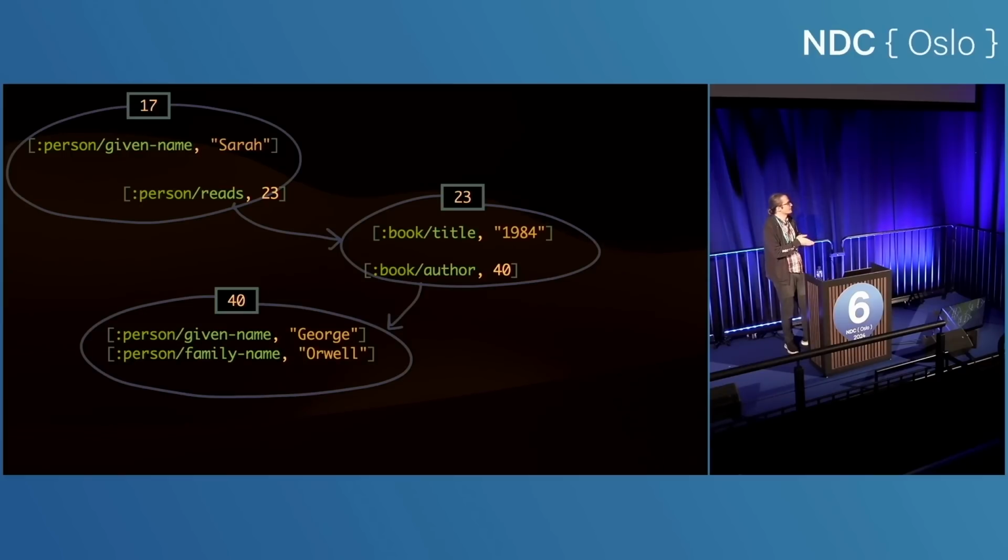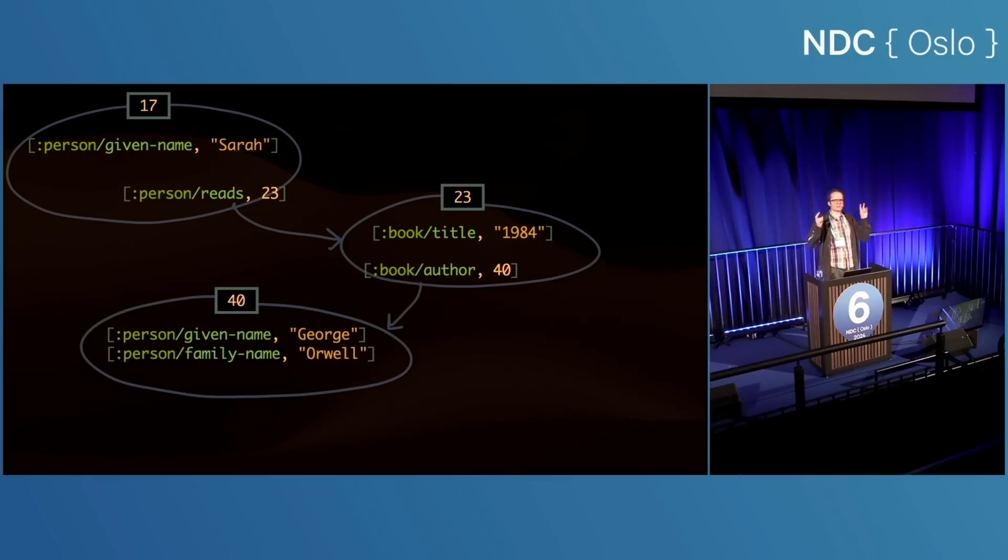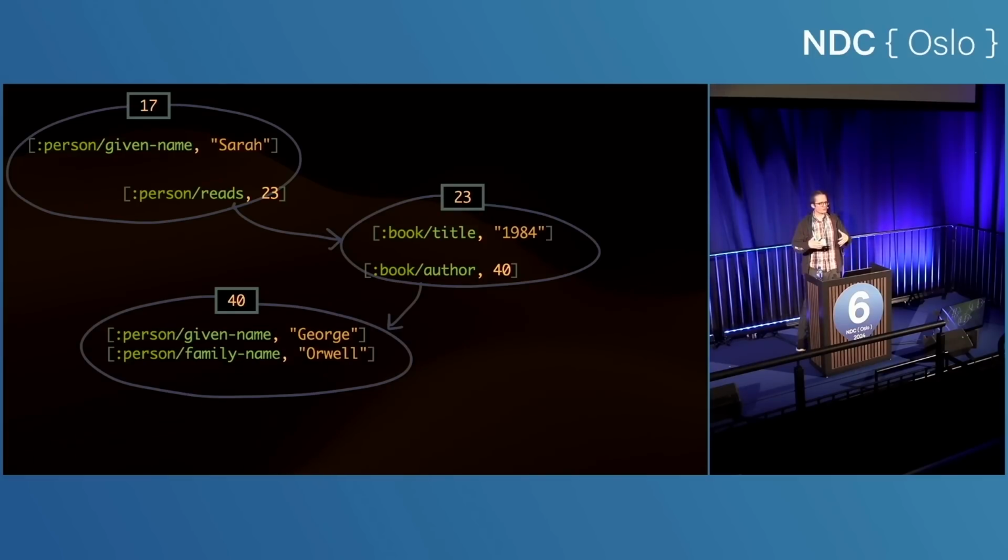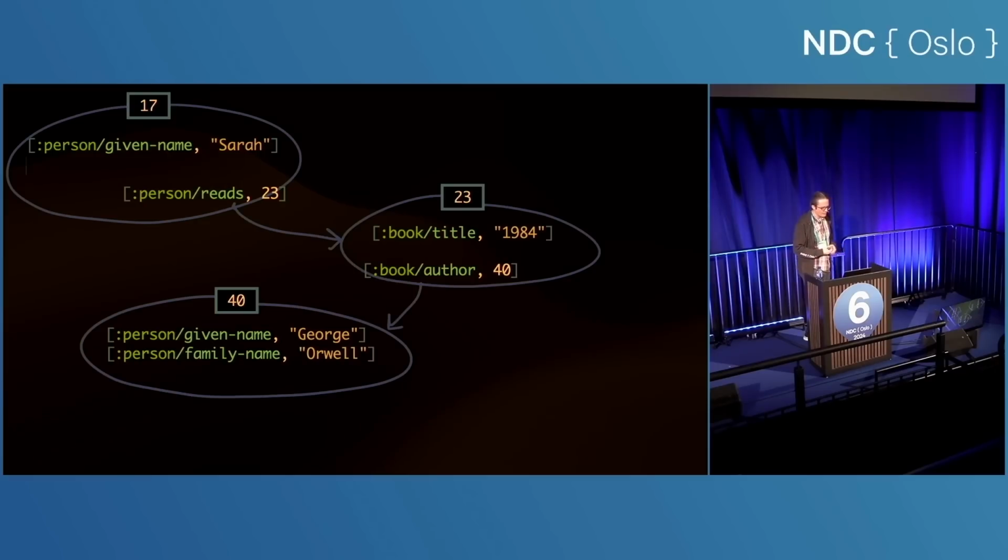But maybe the coolest thing about these entities and sort of the whole RDF thing is that the entities and their attributes are not constrained to living just inside the square box. Because Sarah, in addition to being a person, is a user. And as a user, she has an email address.